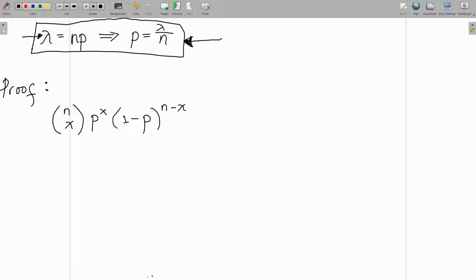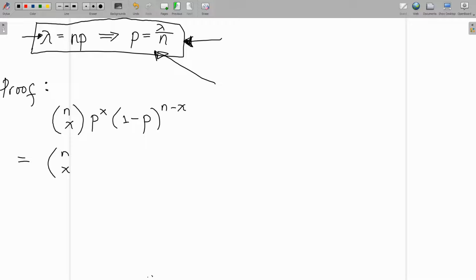Now, for the proof, let us begin with the formula for the binomial distribution. So, remember, this is the probability mass function for a binomial random variable. Now, remember, we have set p equal to lambda over n. So, let us substitute.